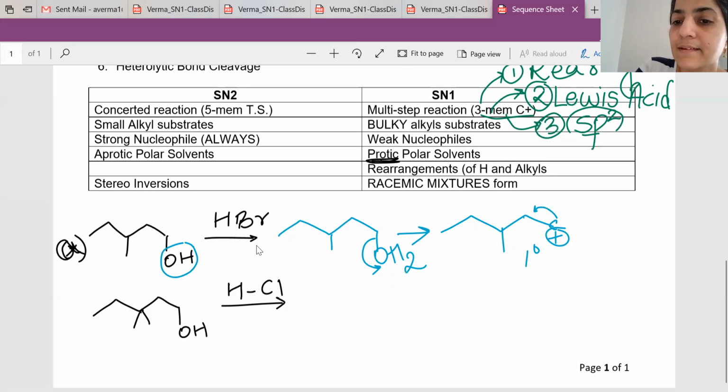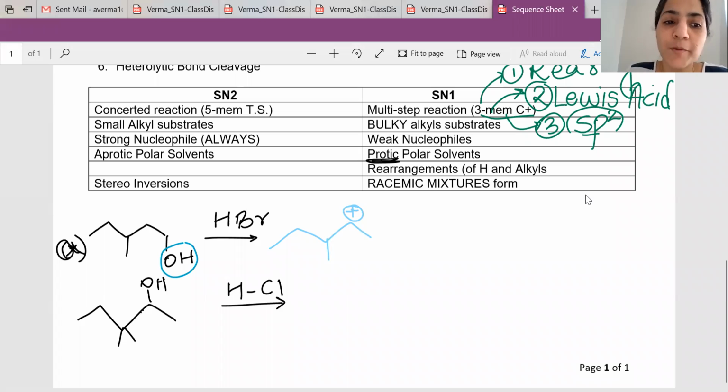Yes, it can. And so it is going to jump right here. So from a primary carbocation, it can jump to a secondary carbocation. If this molecule has still time, it will observe that there is a possibility of becoming a tertiary carbocation as well. And this is where you're going to see your hydride shifts.